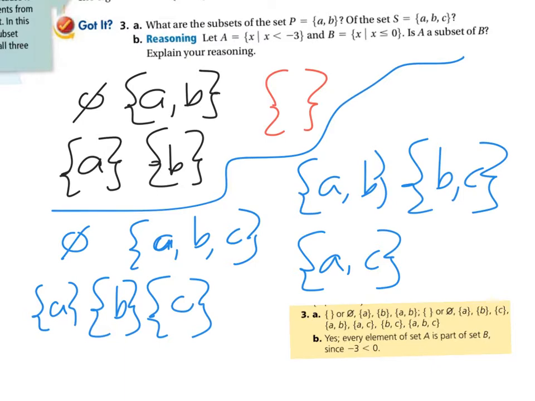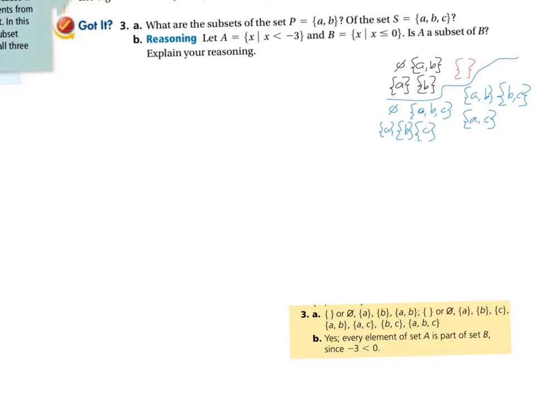And then reasoning. Hang on a second. Let A be the set of x such that x is less than -3, and B the set of x such that x is less than or equal to 0. Is A a subset of B? And explain your reasoning. Okay, so here's the idea. If you look at a number line, set B is going to start at 0 and it's going to be everything to the left, including 0, don't forget that.